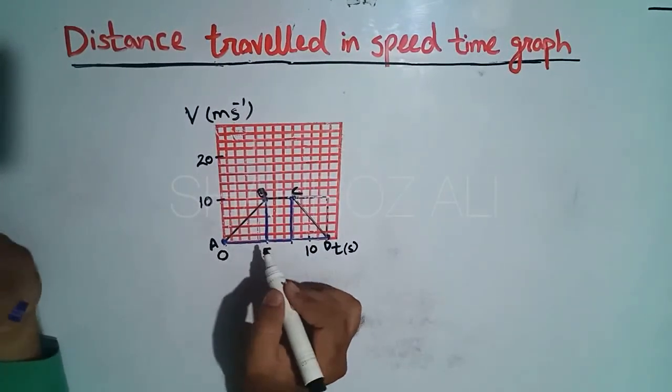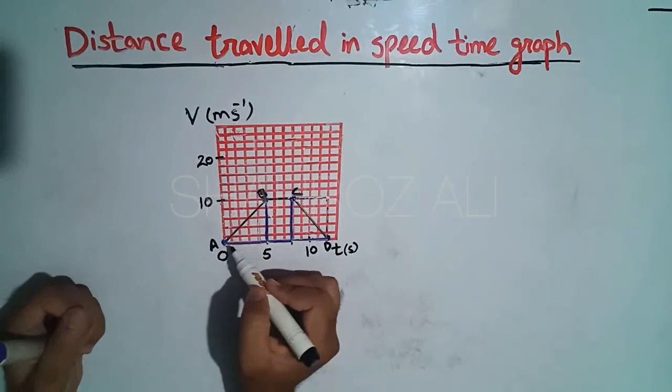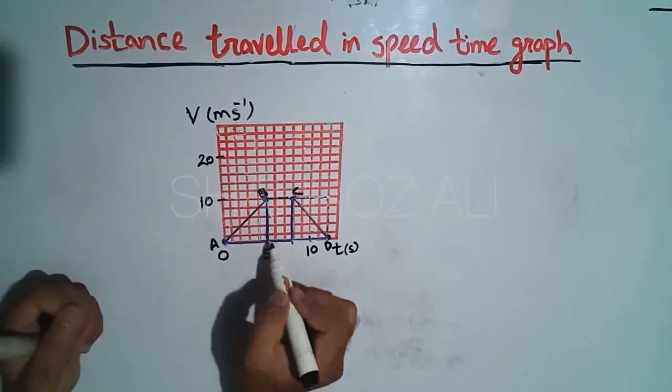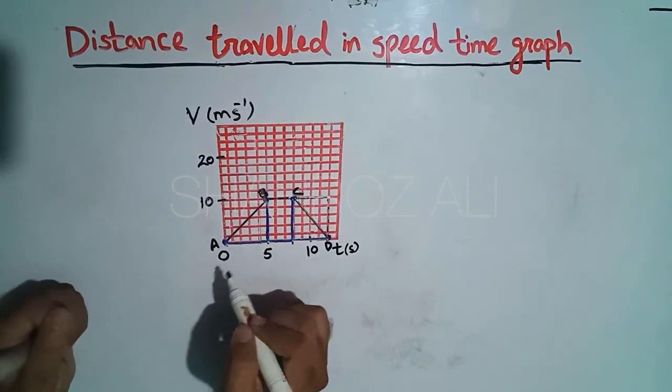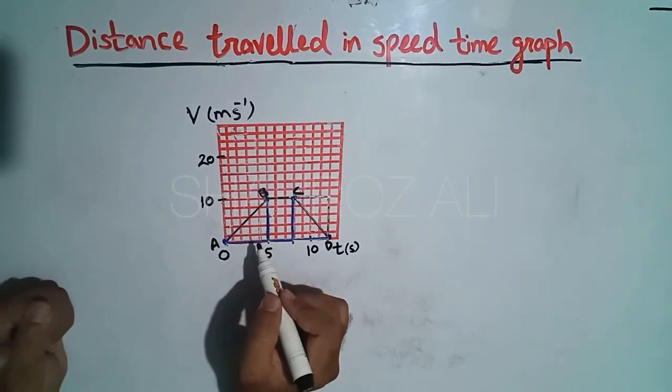Now first of all you are taking line AB, the first figure, and you want to calculate its distance. It is a right triangle. So what is the formula for a right triangle?